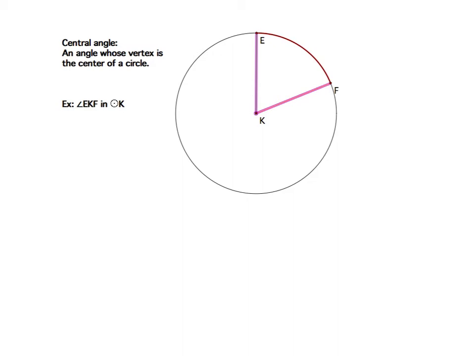And typically, the two sides of the angle are formed by radii of the circle. Radii being two radiuses. Radii is the plural of radius. So we have EK is a radius, FK is a radius. So we have this central angle here. And that's what a central angle is.